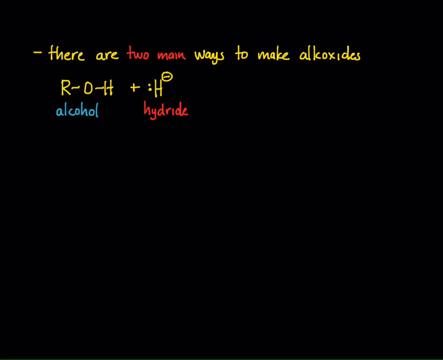Why? Because the hydride acts as a base, removes that proton from the alcohol, and you produce the alkoxide salt, right? So now I have my alkoxide salt, and I've also added a proton to a hydride. And if you think about when you add a proton to a hydride, what do you get? You get hydrogen gas. And this is another driving force for the reaction.